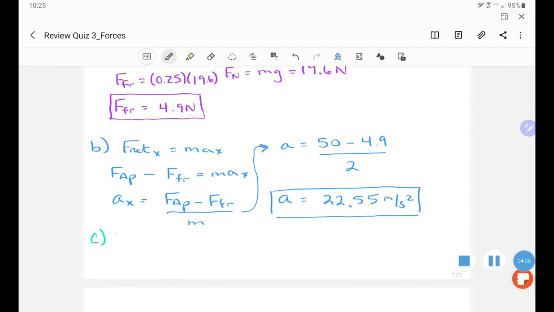So if I list all of my variables: v final, v initial, acceleration, displacement, and time. Initial is 0, final is 5, acceleration I found to be 22.55, displacement is question mark, and time I don't know but don't need, so we'll use the v_f squared equation.